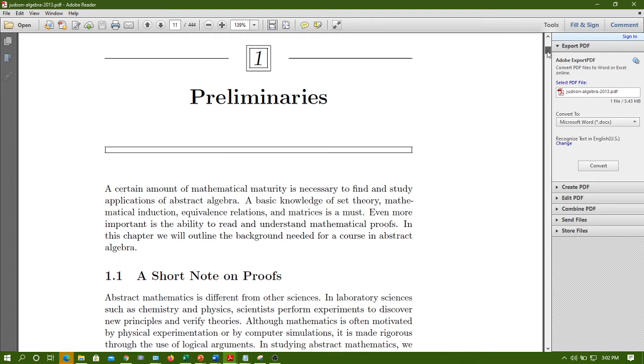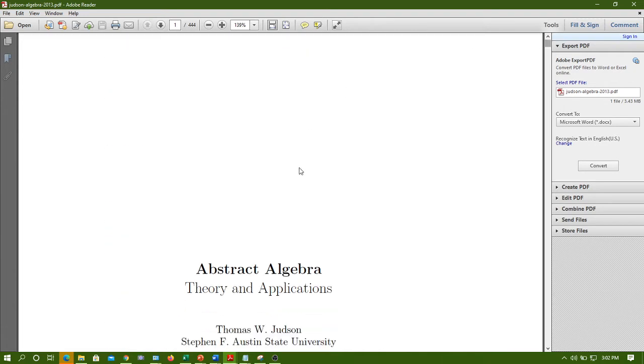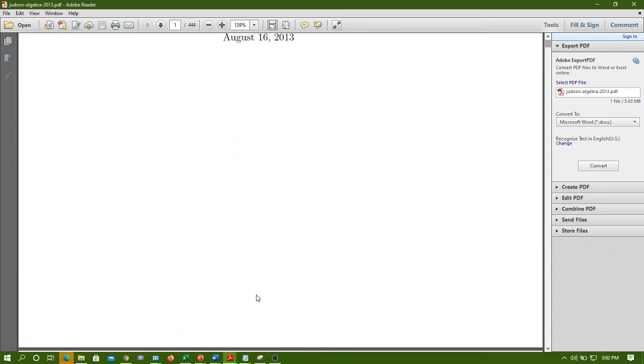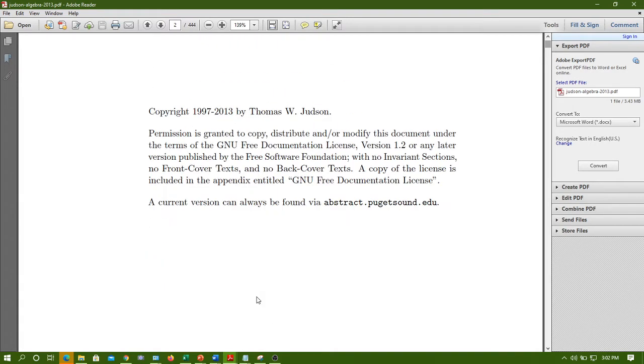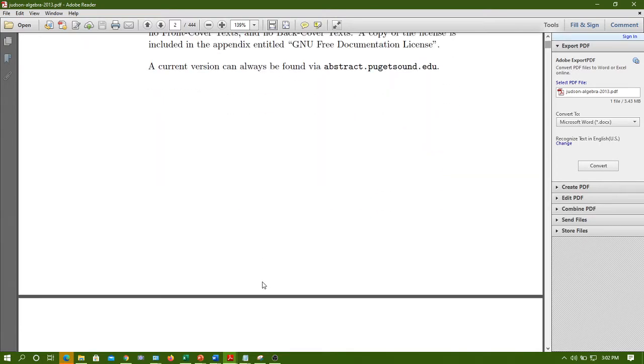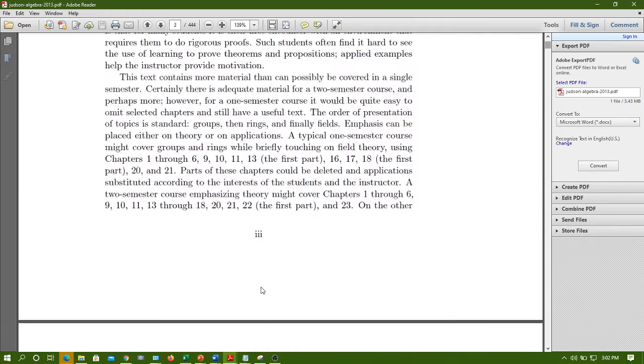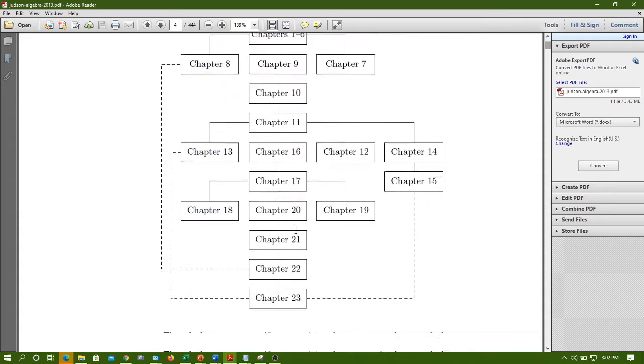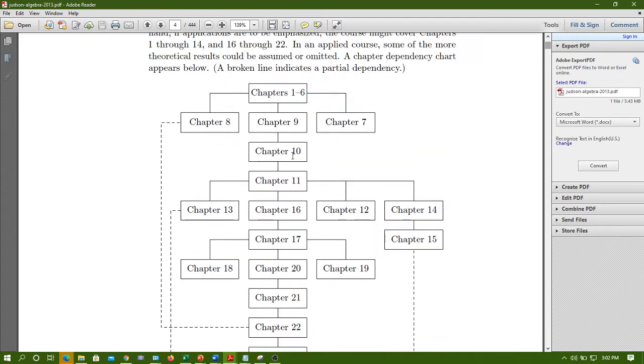Let me show you Abstract Algebra Theory and Applications written by Thomas W. Hudson from Stephen F. Austin State University, August 16, 2013. I guess he's using this with his class in Abstract Algebra, and he is also showing this flow chart on how we approach the different chapters of the book.